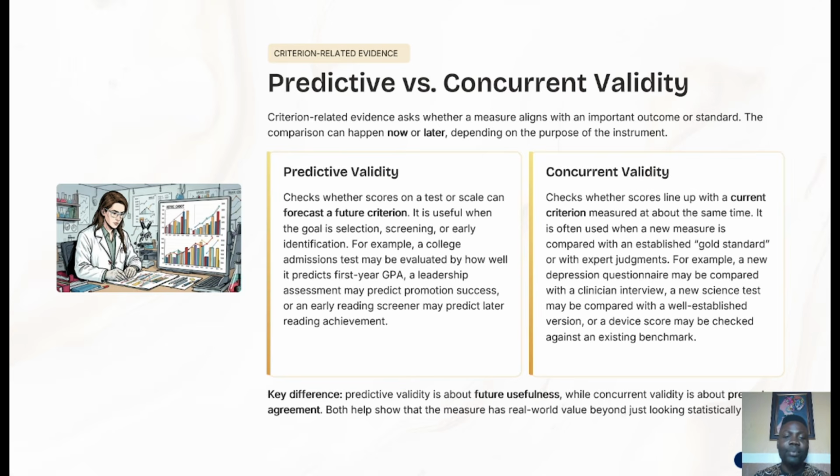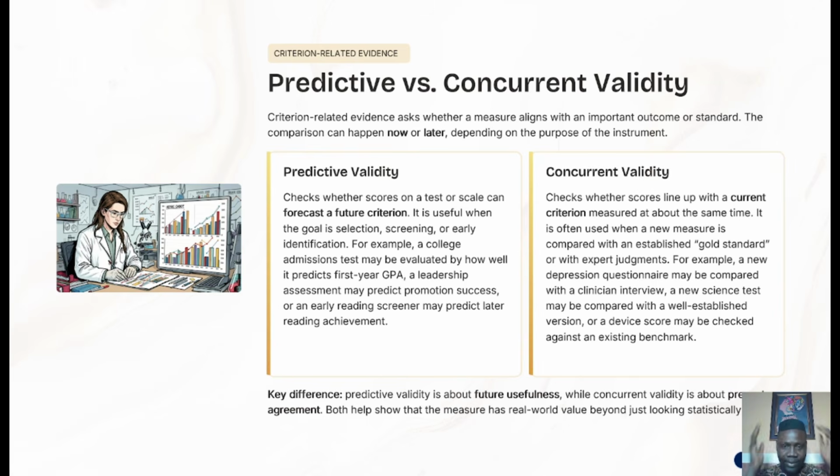So let me talk about predictive. You know, when you have a scale to forecast a future criterion, for example, how well the first year GPA is predicted by admission tests.